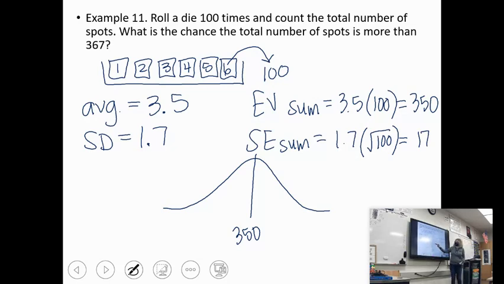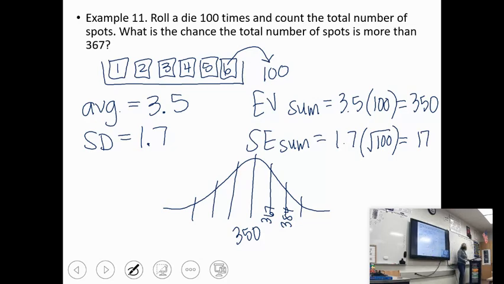And each SD, in this situation a standard error, is 17. So for each SD, I would just add 17 to 350 or subtract, right? So then this would be 367. This would be 384, and so on, right? And I could label that if I wanted to.